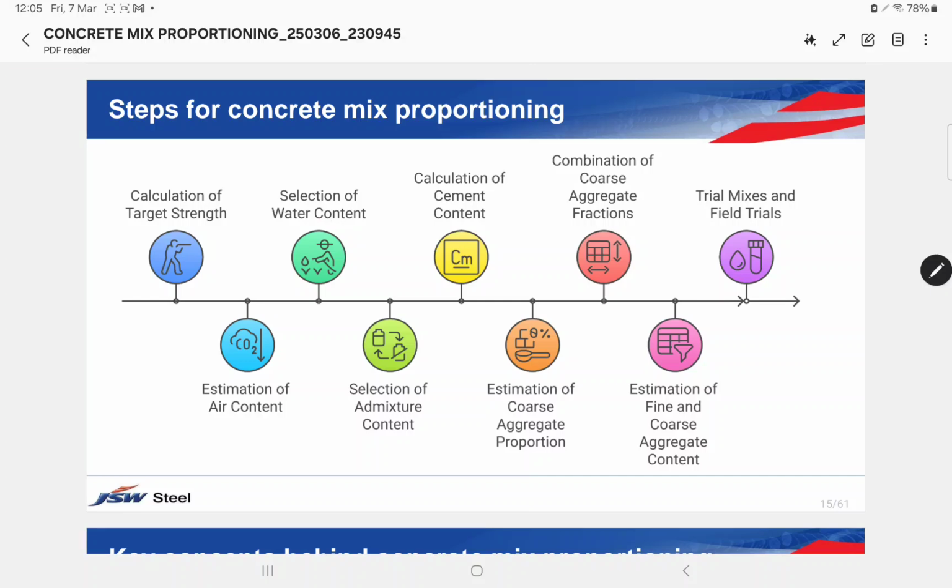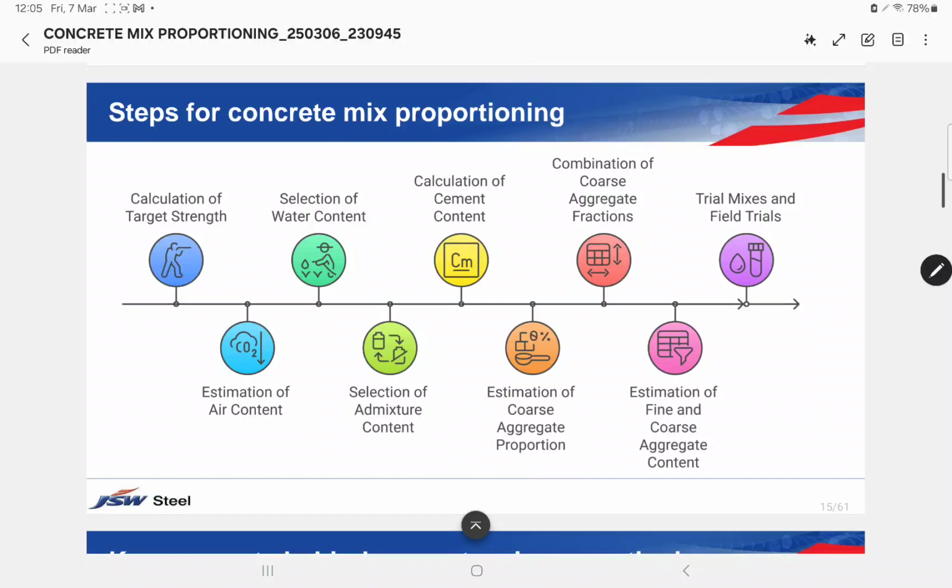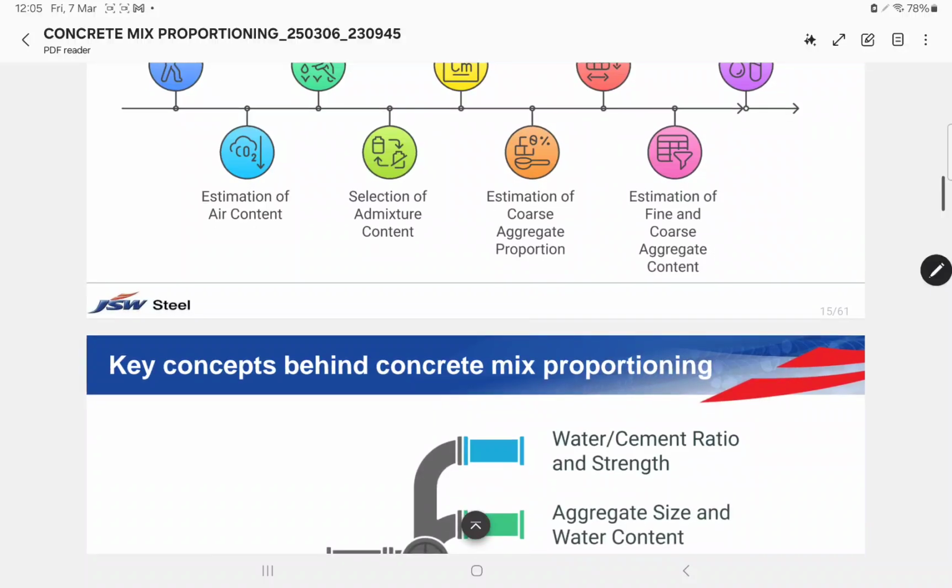Then you select the water content, then the admixture content, then from water content and water cement ratio you finalize your cement content, then you calculate the total aggregate proportions, then you find the coarse aggregate content, then fine aggregate content, and then you do some trial mixes. And once your lab trial mix is finalized, giving adequate results and satisfying all the performance requirements, then you go for a field trial. This is the final stage. So these are the steps.